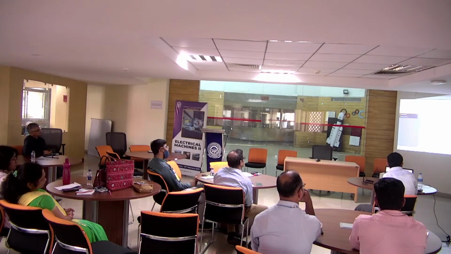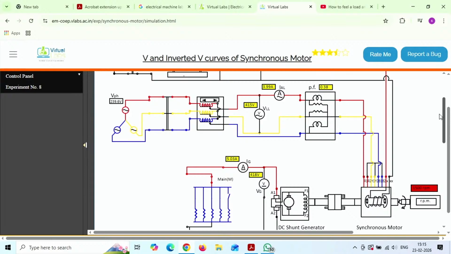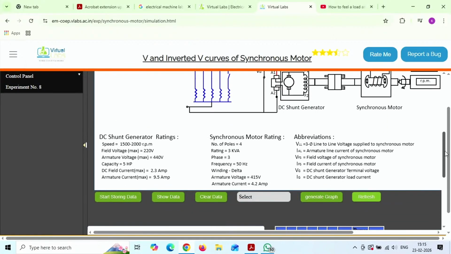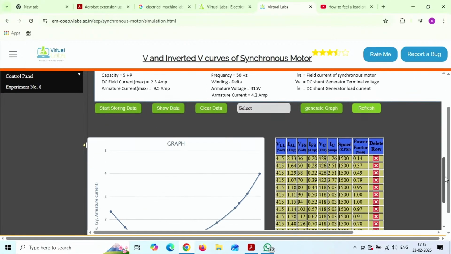You can observe from here, the ammeter is connected from there. One by one, start storing the data. One reading, change there, start storing the data. Show the data one by one, and the reading gets noted.